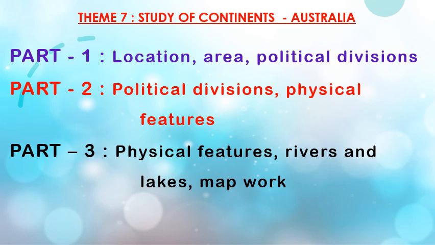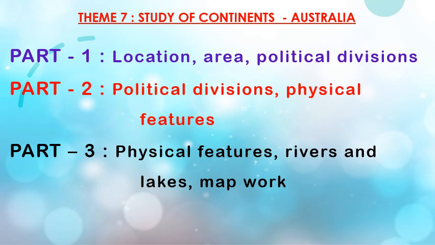Along with this video lesson, I will be sending you a blank map of Australia rivers so that in the next video lesson, when we are completing part 3, I will be explaining the map work. You can complete your map work in the map copy which I am sending now, and later in the PDF I'll also be attaching a question for the map work.